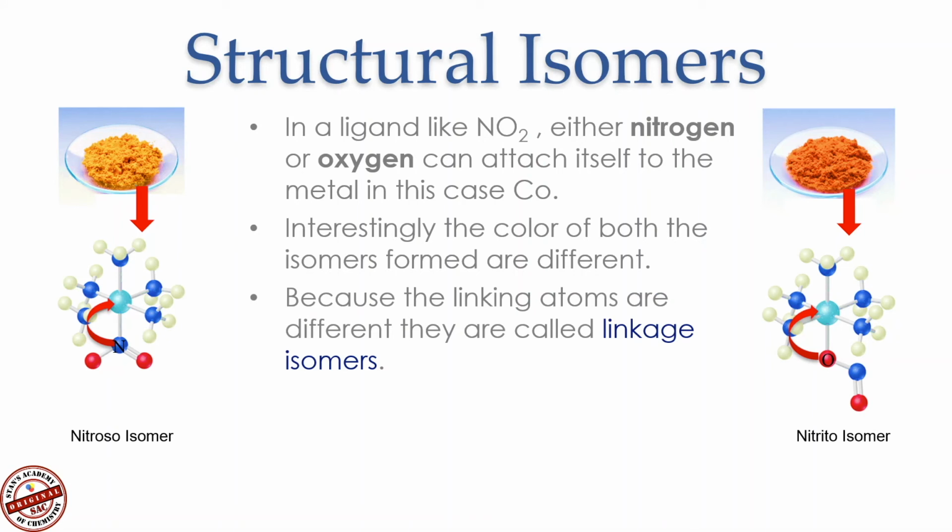Because the linking atoms are different, they are called linkage isomers. So the same ligand, but the atoms that are linking or providing the electron pair for the molecule are different, and thereby you have different properties for the products.